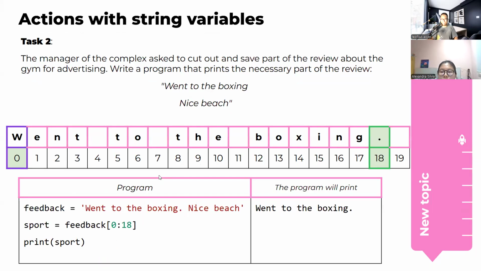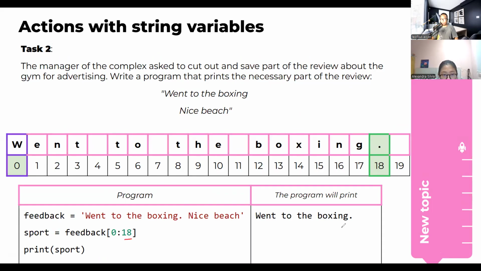You can see in here, this is kind of wrong. If you use 0 to 18, the 18 is not going to be included. So if you use 0 until 18, it only prints from 0 until 17.